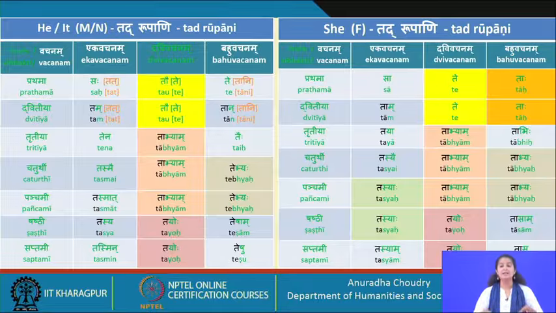Then for the dual, it is tau, tau, tabhyam, tabhyam, tabhyam, tayoh, tayoh. Astu. And for the neuter, te, te. Uttamam. Now the last column, bahuvachanam, te. So it's the same. The neuter dual and the plural of the masculine are the same form, so you would know it contextually. How do I know?